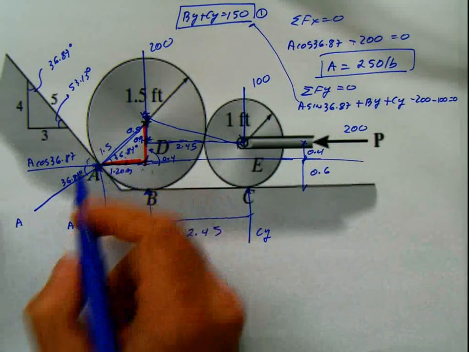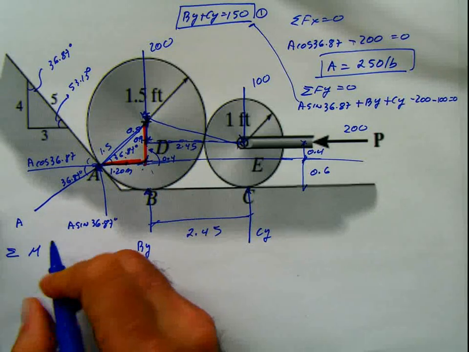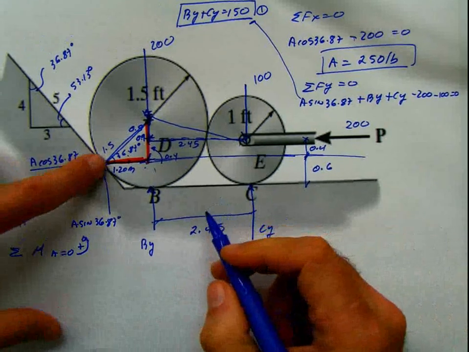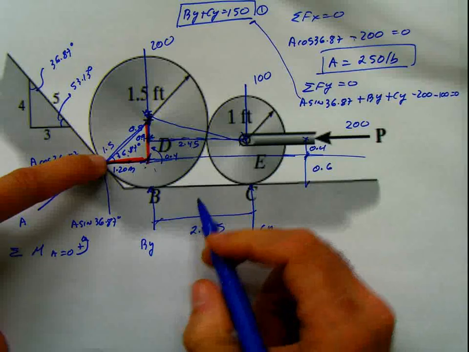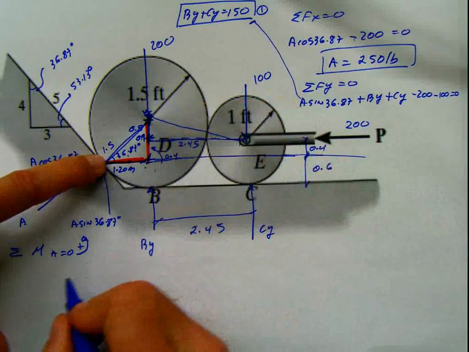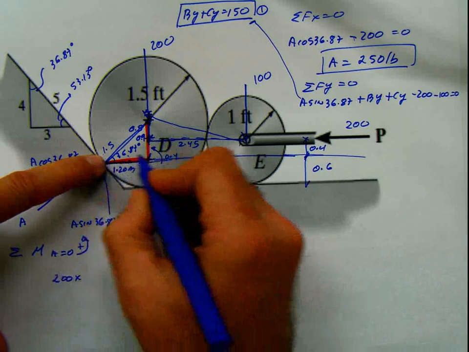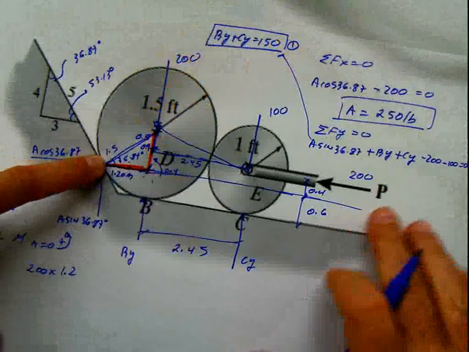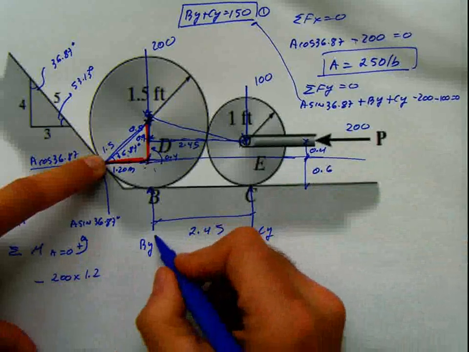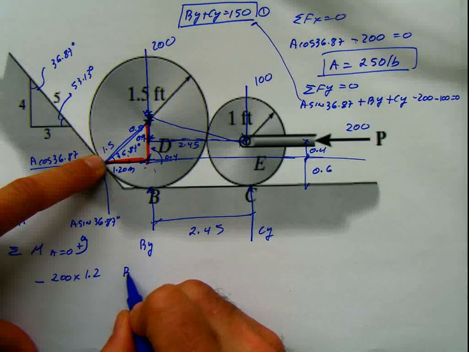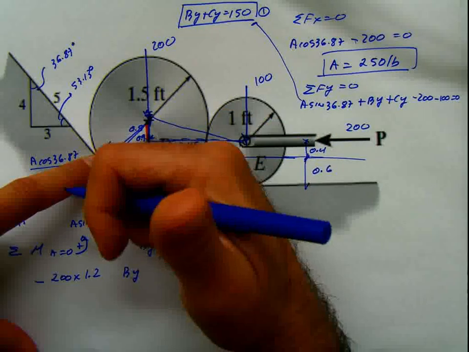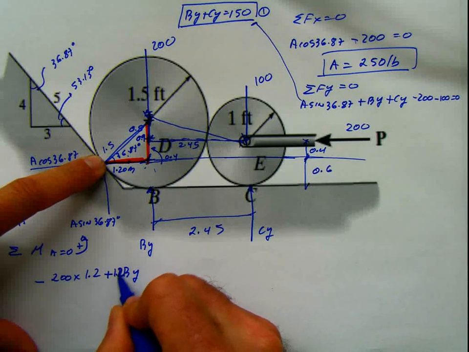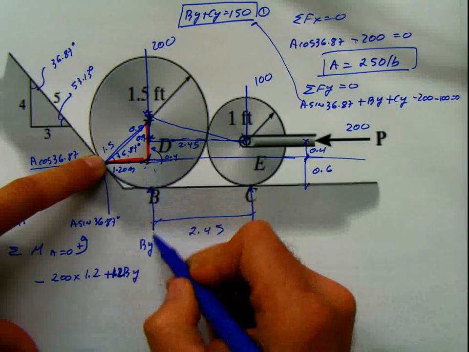Now I can go here and do summation of moments about the point A equals 0. And I'm going to assume that counterclockwise is positive. So if I'm at this point, I'm going to start with this force here. It's going to be 200 times the distance. The distance is 1.2. Rotation is going to come in this direction, and that direction is opposite to this one, so it's going to be negative. Now I have BY, vertical force, multiplied by horizontal distance in this direction, plus 1.2 BY.